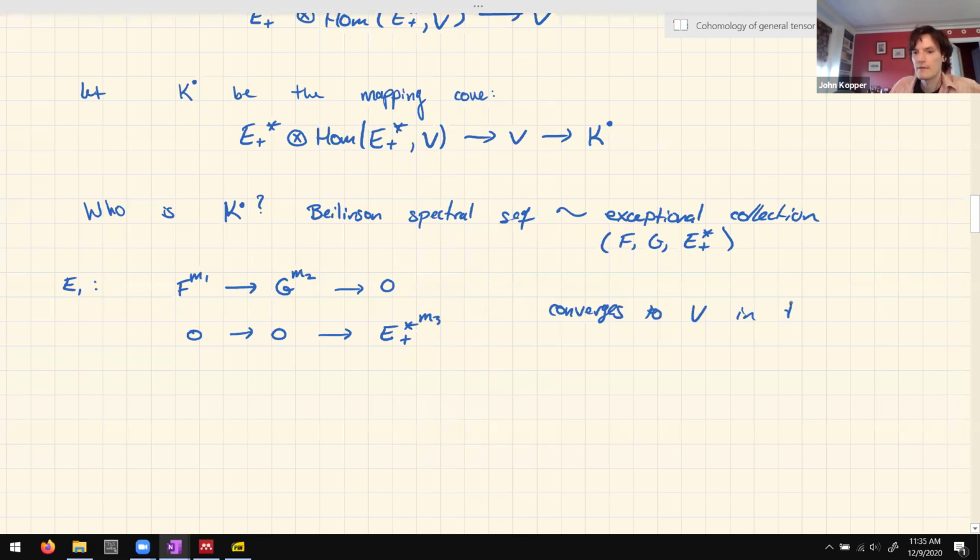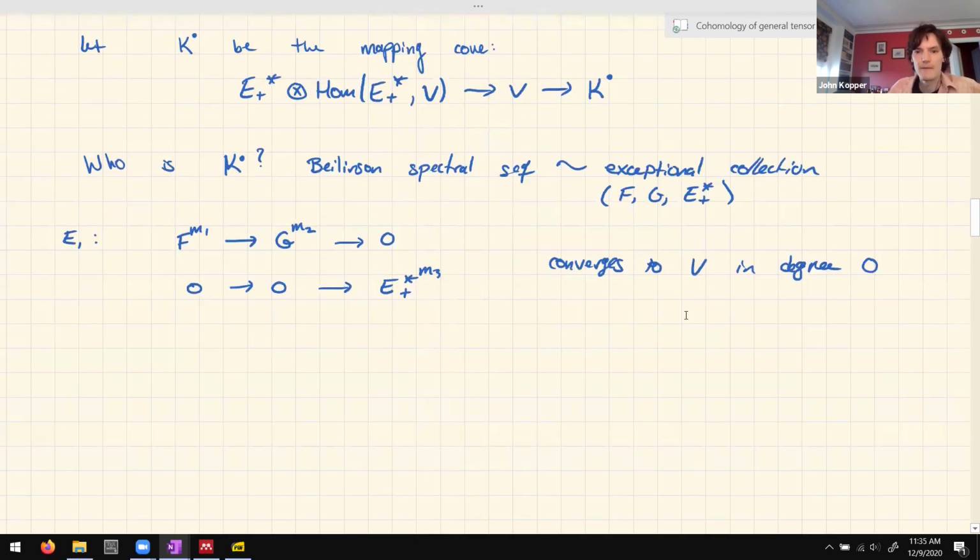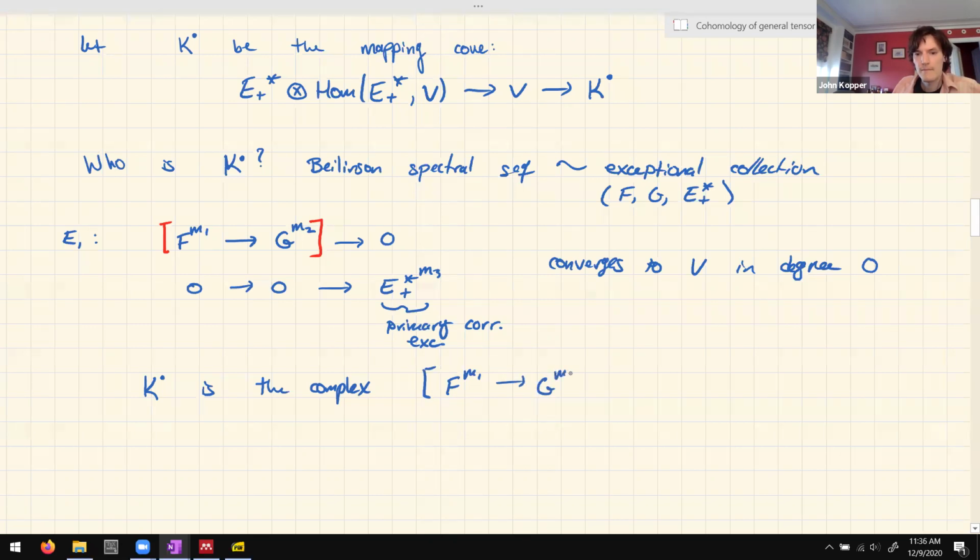At least for the general V. And what does this have to do with my complex K? So here's somehow my primary corresponding exceptional, maybe with a dual. And then this here is supposed to be my K. So K is the complex that looks like this, M2, I guess.